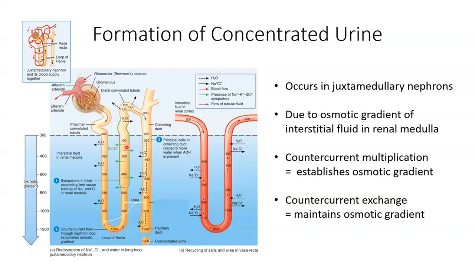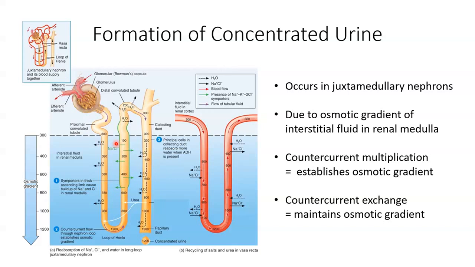So it's actively using energy being pumped out into this interstitial fluid. Because this part of the nephron loop is impermeable to water, water gets stuck within the tubules and we have a build-up of sodium and chloride within the interstitial fluid.